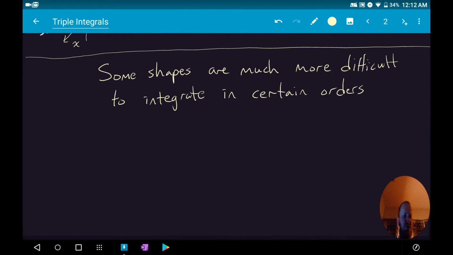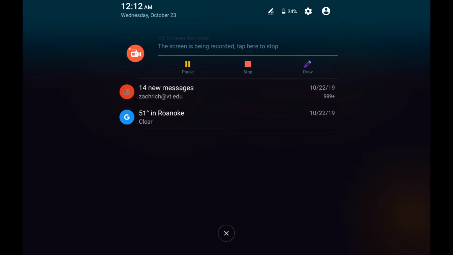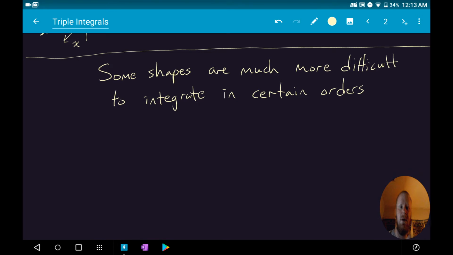So here's a shape that I'm going to go over. I'm going to attempt to draw this shape kind of doing a front, side, and then top view, just so you can get a feel for what that looks like.